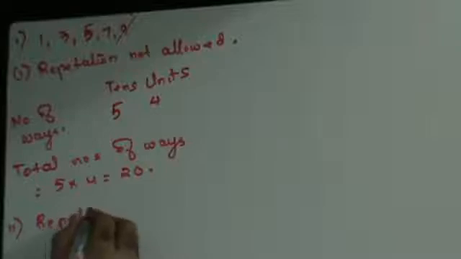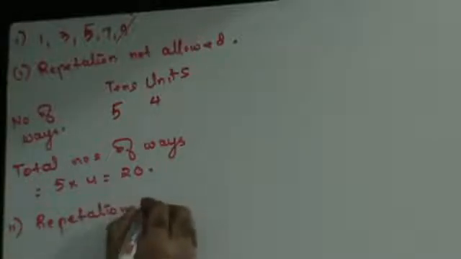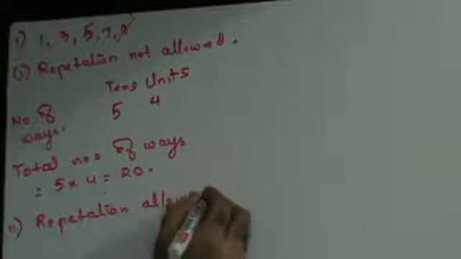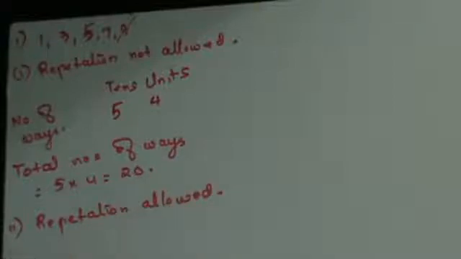Next, repetition allowed. Tens place, units place. Now if repetition of digits is allowed, how many alternatives do I have for filling the tens place?